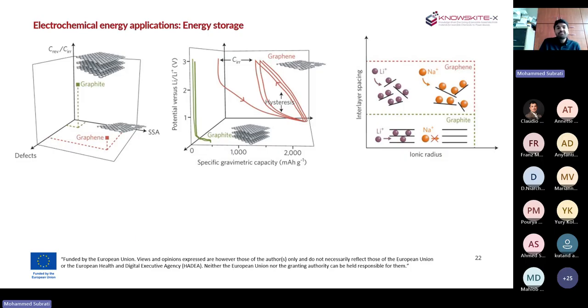First of all, compared to graphite in the first image on the left, the vertical axis is the ratio of the reversible capacity divided by the irreversible capacity in the first lithiation-delithiation cycle. You can see for graphite it's much higher than graphene. Why is that? You have to check the x-axis. Graphene has much higher defects and specific surface areas compared to graphite. What does this have to do with it?